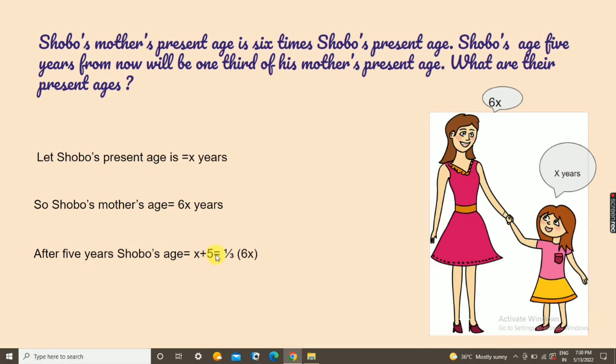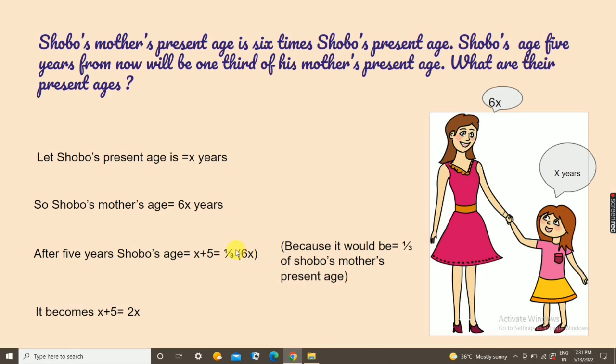This is equal to 1/3 of his mother's present age. What is Shobo's mother's present age? That is 6x. So, solving this, 3 1s are 3, 3 2s are 6. We got x plus 5 is equal to 2x.